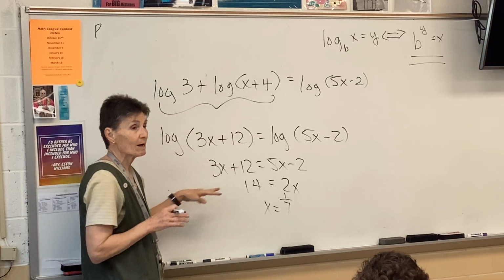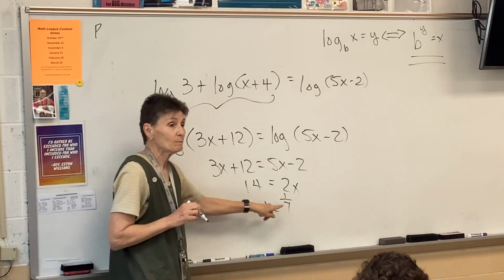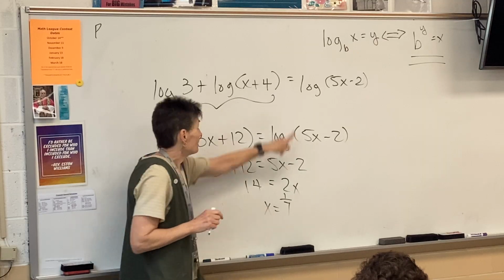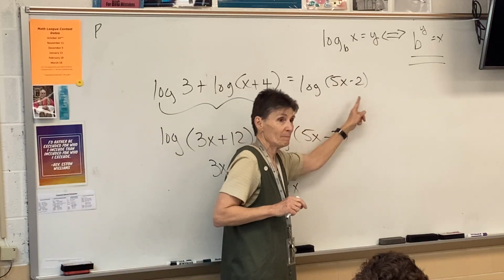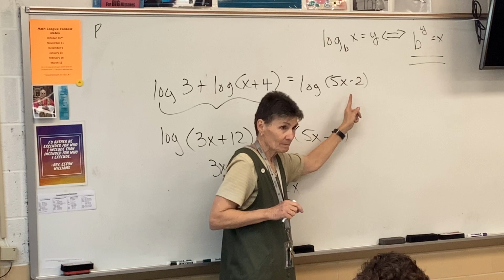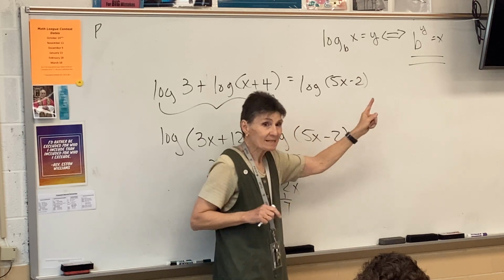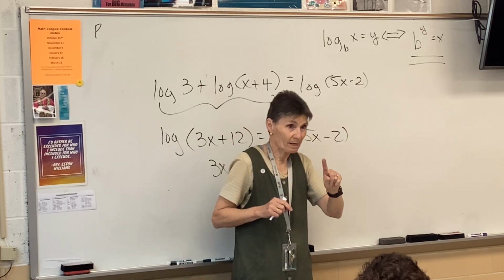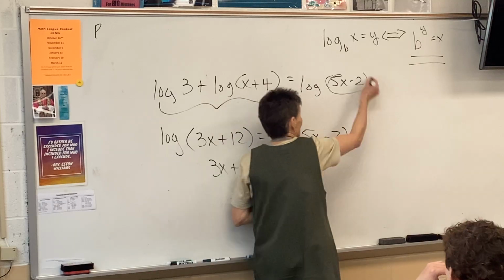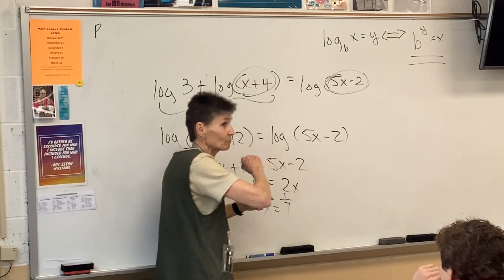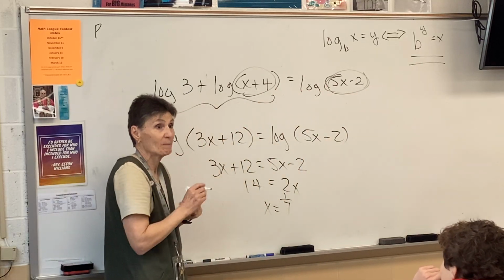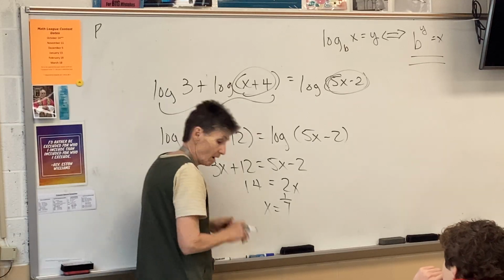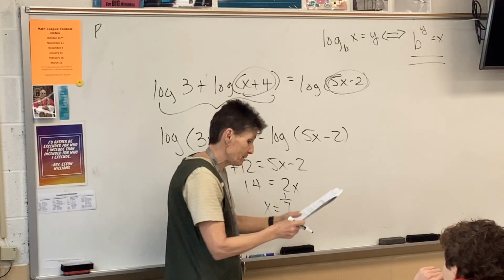But if we'd have worked it out and got negative 7, that would be extraneous. Because this would end up being negative. Do you see? So it isn't the x value you have to worry about. It's what you get, it's this guy right here. That's what you have to worry about. Okay, that has to be positive. All right, how about the next one? B.